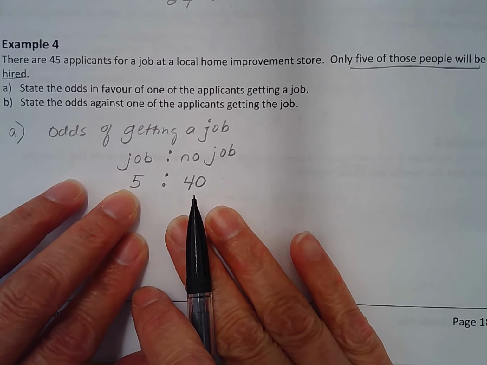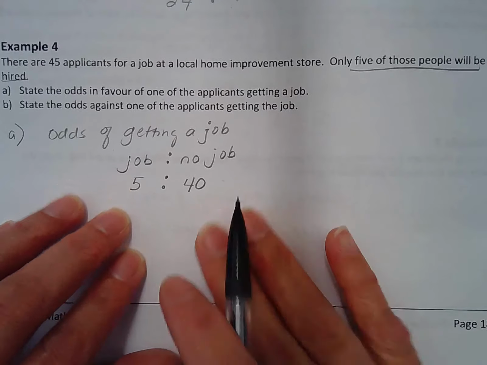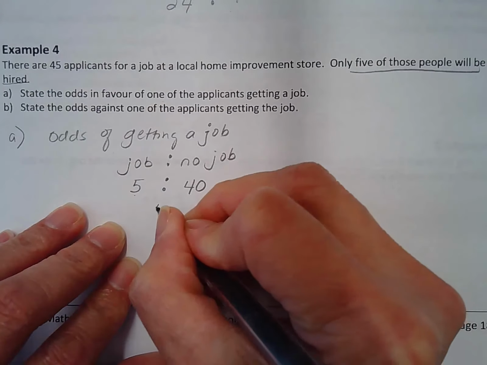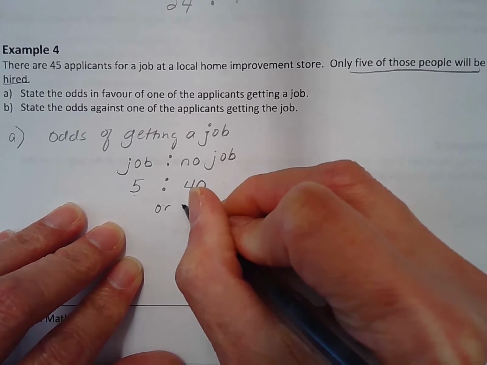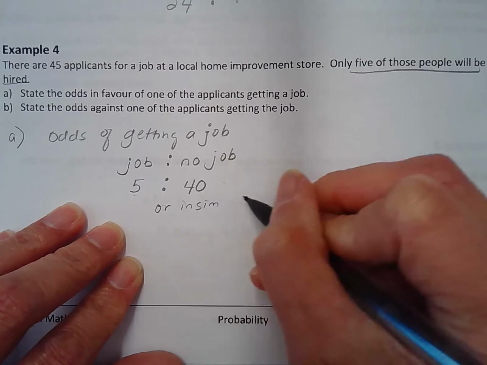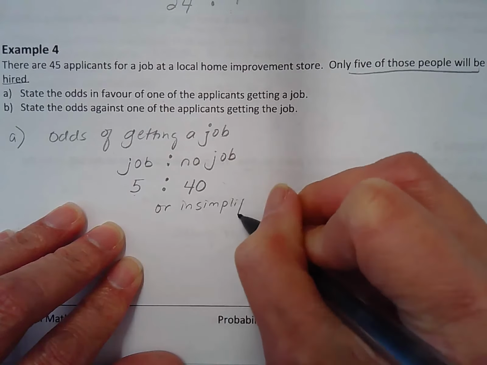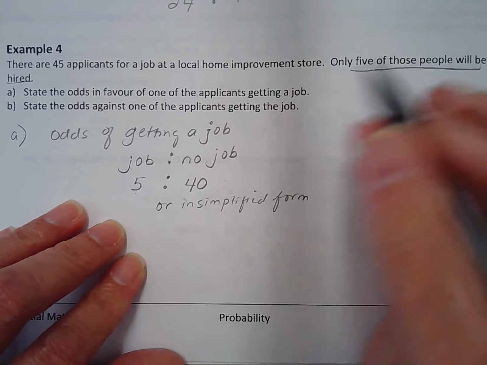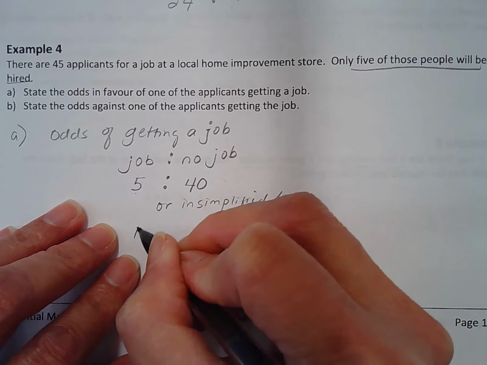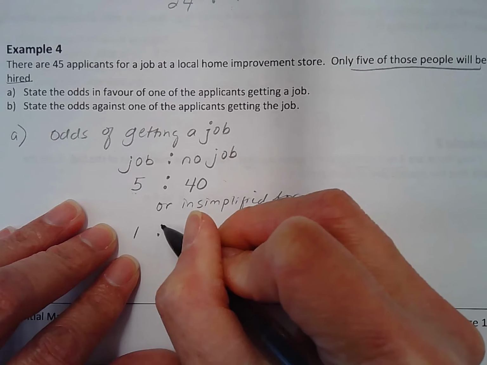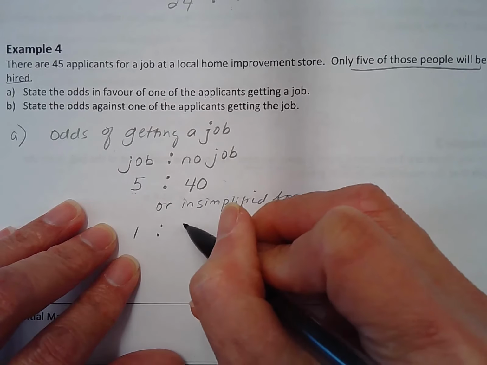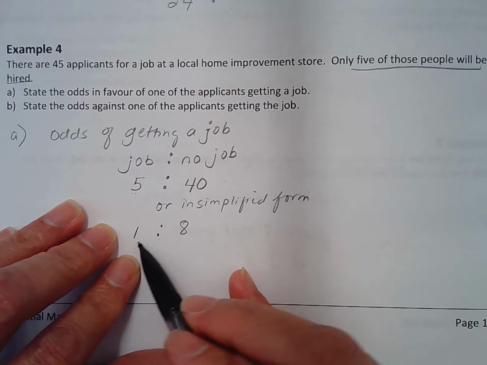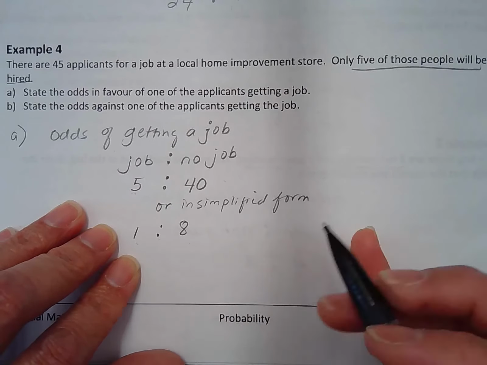This comparison, this ratio, they can both be divided by 5. Or in simplified form, we can divide this by 5 to get 1, and if you divide this by 5 it is 8. So 1 is to 8.